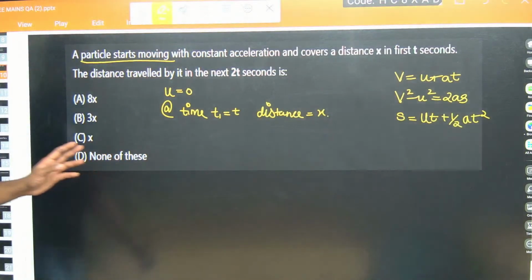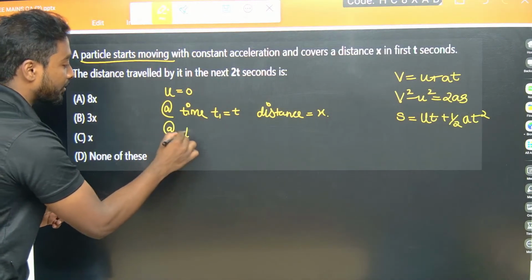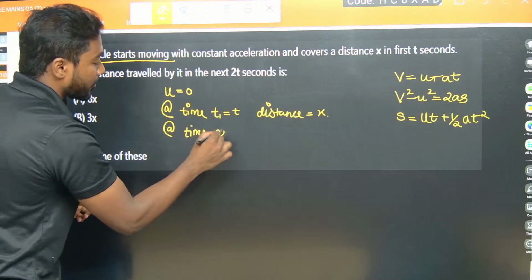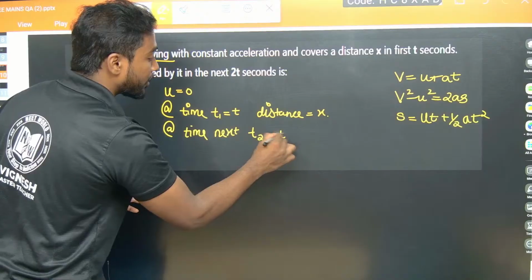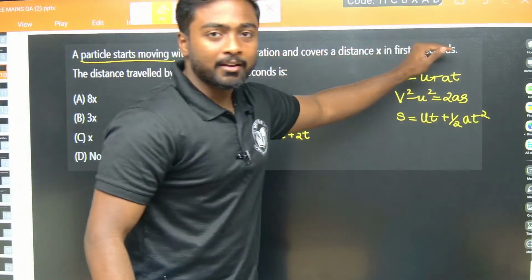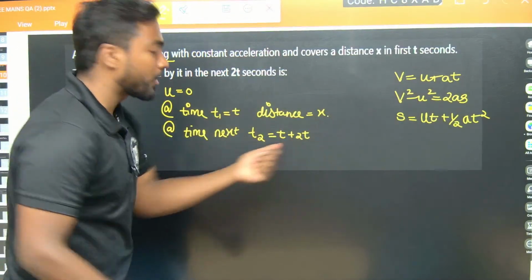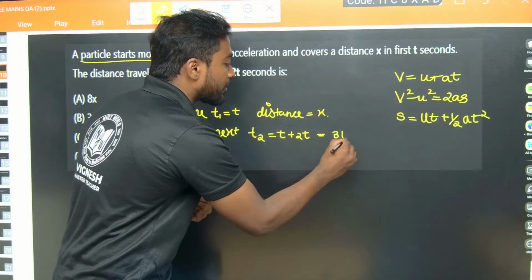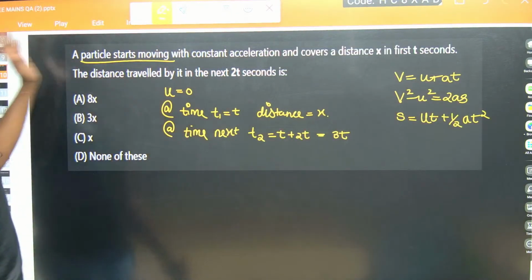What about at the next 2t seconds? At time next 2t seconds, t2 will be equal to t plus 2t. Initially they have covered t seconds and they are saying the next 2t seconds, so it is t plus 2t, which is nothing but 3t.